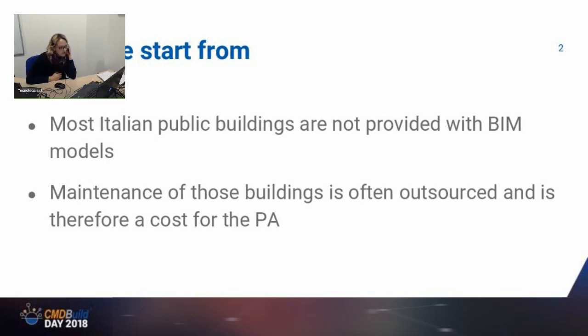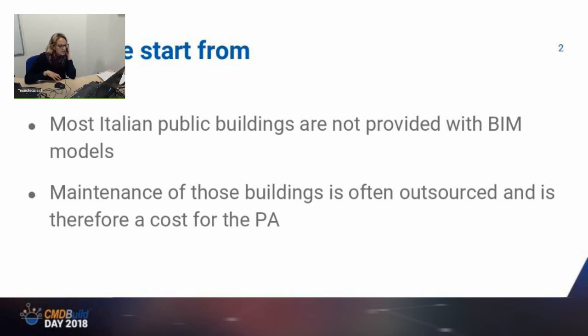We start from a main issue, which is that most Italian public buildings are not provided with BIM models, which means that for most of them we don't know how they are made and we don't know the modifications that occur to any building in the public administration, from the building point of view, I mean.